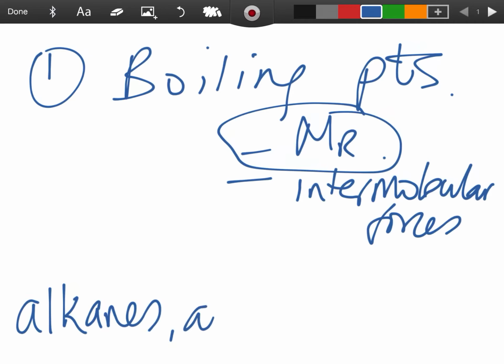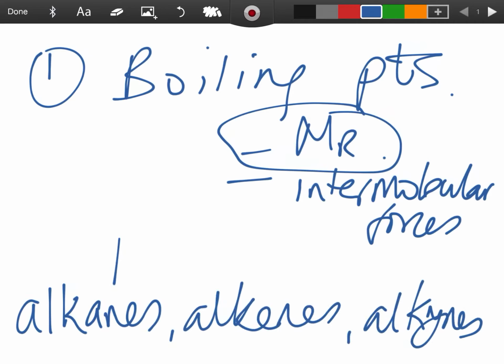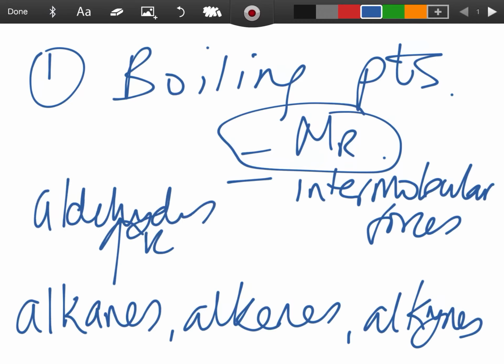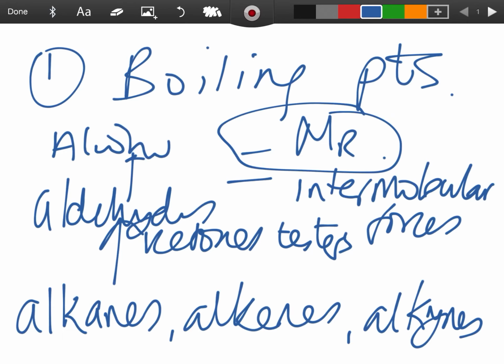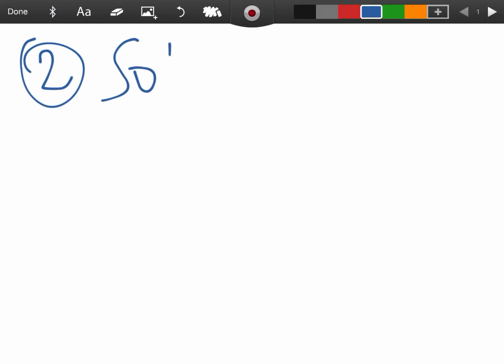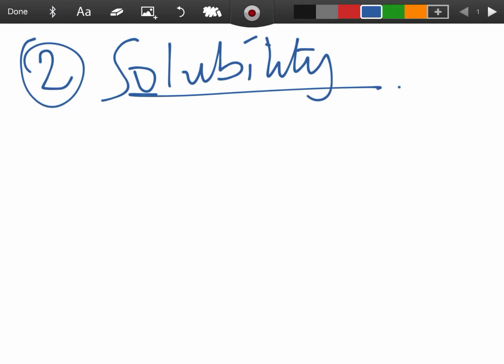And remember that van der Waals are the weakest, then dipole, and then hydrogen. So if it was organic, the families with the lowest boiling points would be alkanes, alkenes, and alkynes. Then the next lot would be the aldehydes, the ketones, and the esters, because they have dipole. And finally, you have alcohols, and the highest boiling points would belong to the acids, because they can have dimers, remember, between the molecules, okay?